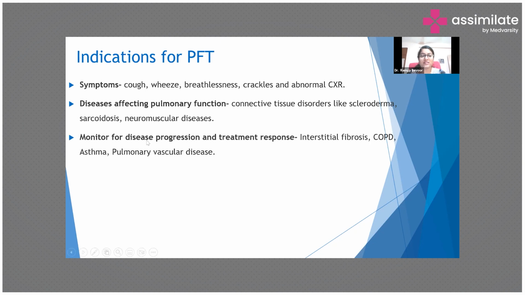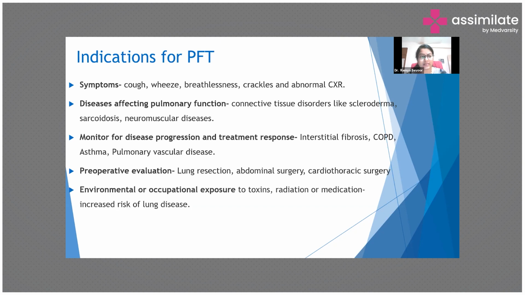We can also do PFT to monitor disease progress and treatment response, especially asthma, which is very commonly used, and also in other lung diseases like interstitial fibrosis, COPD, pulmonary vascular disease. Also for preoperative evaluation for patients posted for abdominal surgeries, lung resection surgery, cardiothoracic surgery, etc., to see how well the lung capacity is.